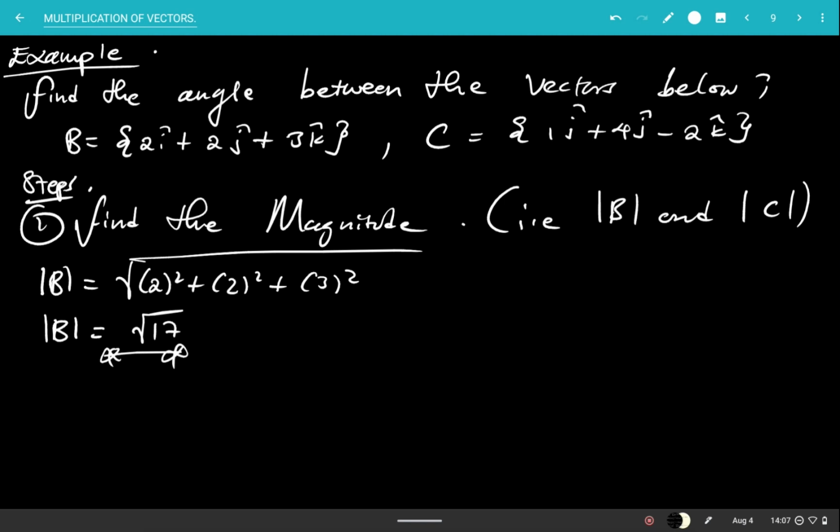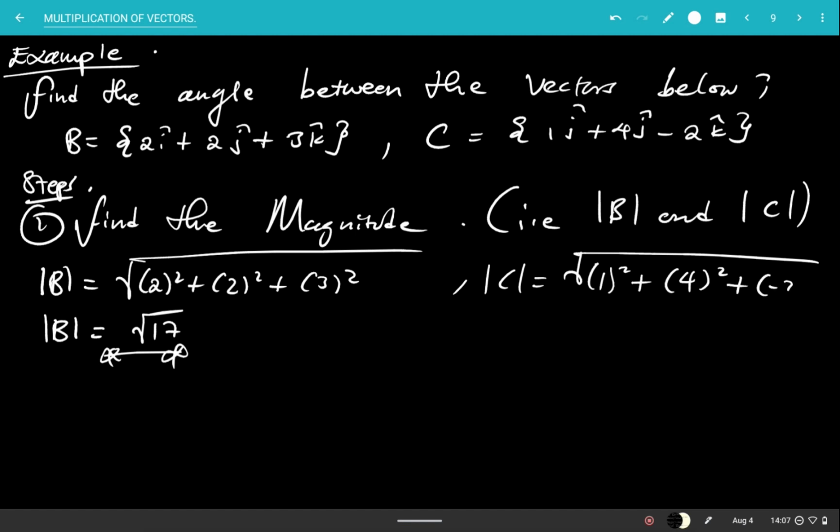Let's also find the magnitude of C. We square the component in the I plus the square of the component in the J plus the square of the component in the K. So the magnitude of C will be root 21. If you want, you can always have your answers like this.